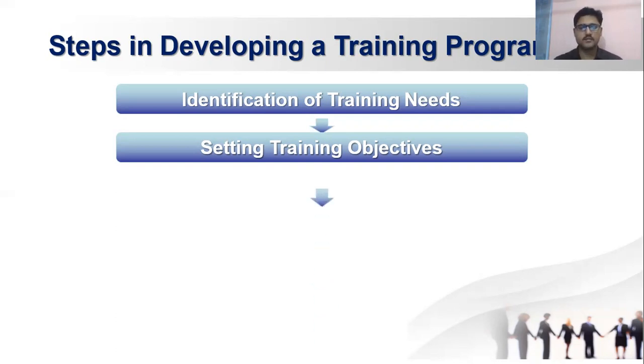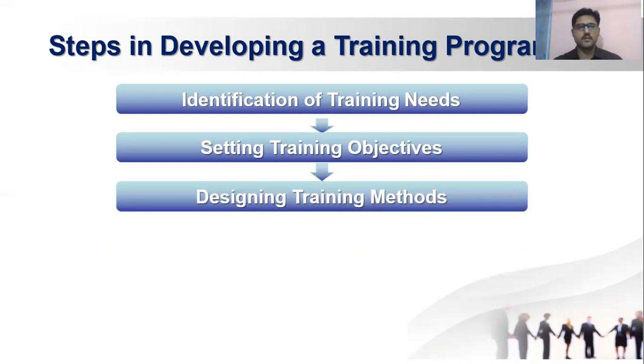Then next, designing training methods. That means in which method you'll give the training, you'll implement the training. Certain methods are there. We'll cover them shortly, one by one. So we'll have to design the appropriate training methods.